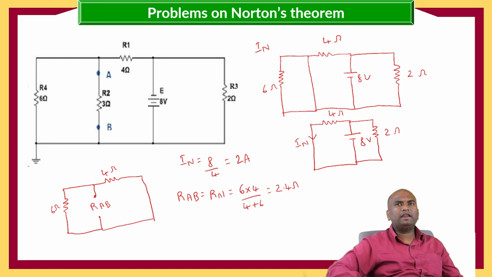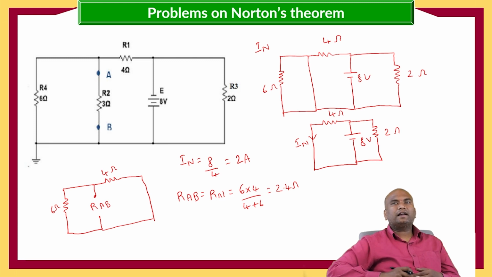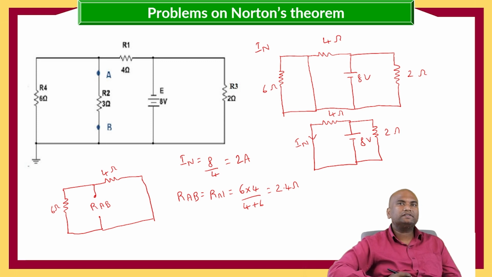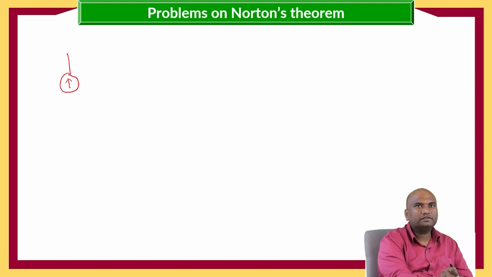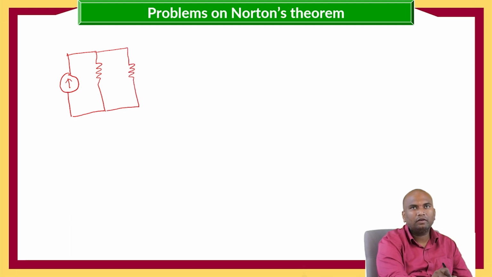Now we need to replace the complete circuit with a Norton's equivalent, and we need to add the load resistance for calculation of load current. So here this is the Norton's current, in parallel with Norton's resistance and load resistance.